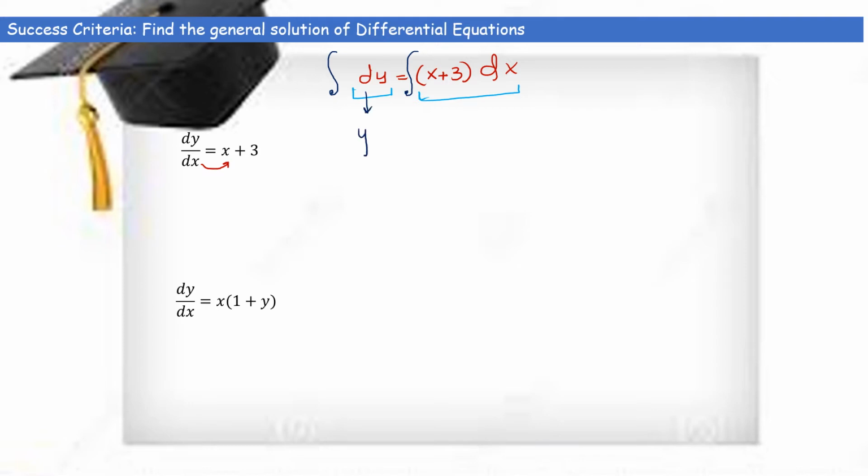It is y equals the antiderivative of x, which is x square over 2, plus the antiderivative of 3, which is 3x, and then only write the c on the side where you have the independent variable, that is near the side of the x. Why?